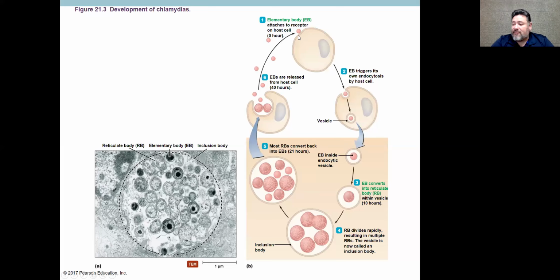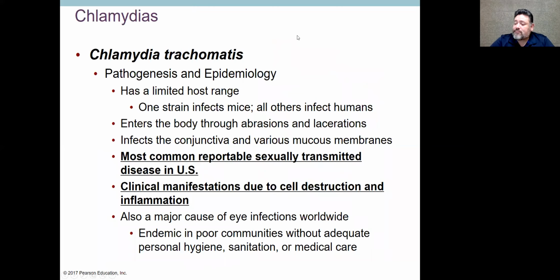Okay, so that's the cycle of the chlamydia. It can cause cell destruction. It can also cause the destruction of capillaries.